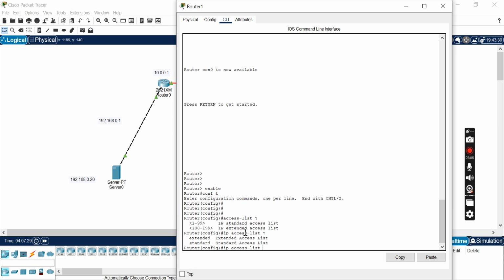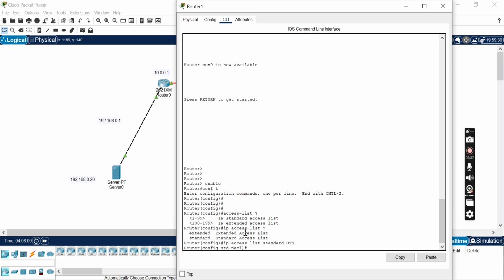So: ip access-list standard, because I'm working with standard, and I have to make an ACL name. Our technical school abbreviation is OTS. So I click enter.